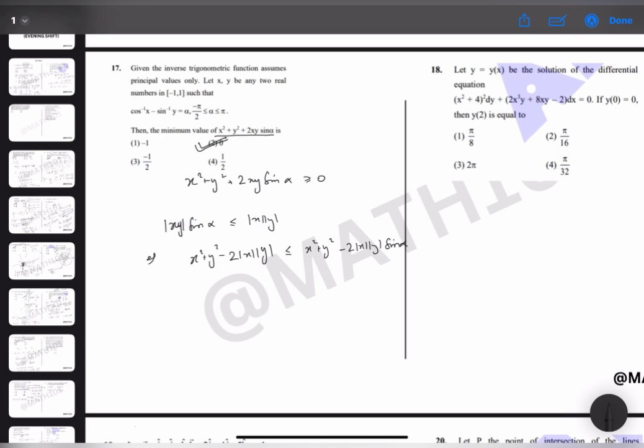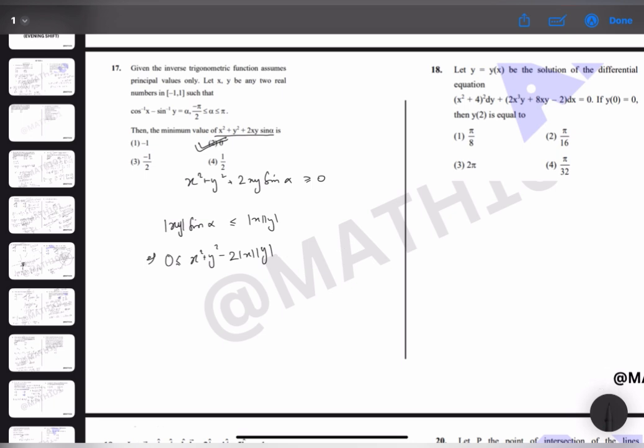And take minus inside, this becomes sine minus alpha. We can write it as sine alpha prime or anything, and this is greater than or equal to 0. So this thing is greater than or equal to 0, so we don't even need the remaining information.